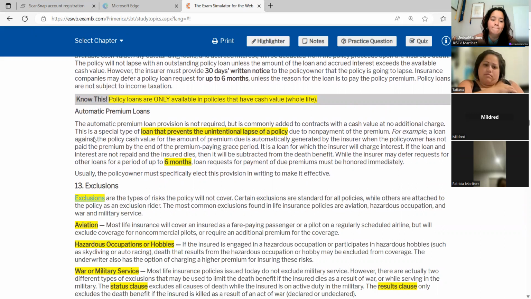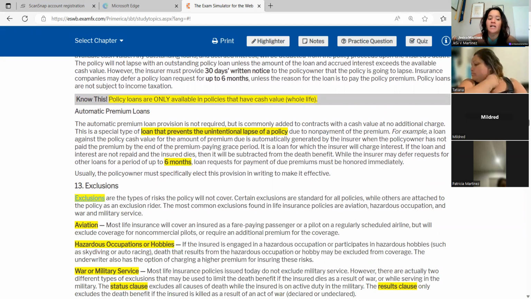Automatic premium loans. The automatic premium loan provision is not required, but is commonly added to contracts with a cash value and no additional charge. This is a special type of loan that prevents the unintentional lapse of a policy due to non-payment of the premium.